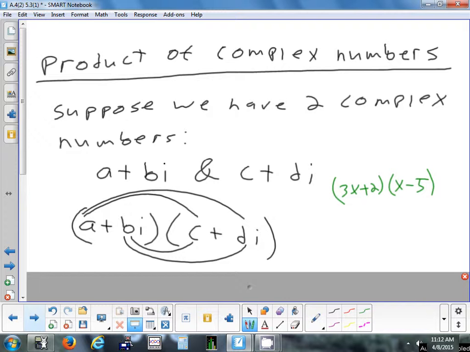Some people have learned it as FOIL: you multiply first, outer, inner, and last. Or you might have learned it as double distributive: take the a and distribute it to both, and then take the other term and distribute it to both. Either way, it's just like what you did in Algebra 1 when you talked about foiling or distributing or factoring.